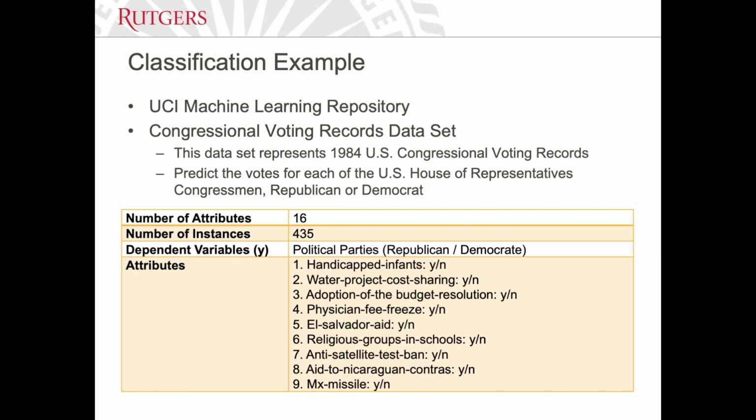The classification task is to predict the votes for each of the US House of Representatives congressmen, either Republican or Democrat. There are 16 attributes and 435 instances. The dependent variable Y is the political party, either Republican or Democrat. There are independent variables, which are the attributes listed here.